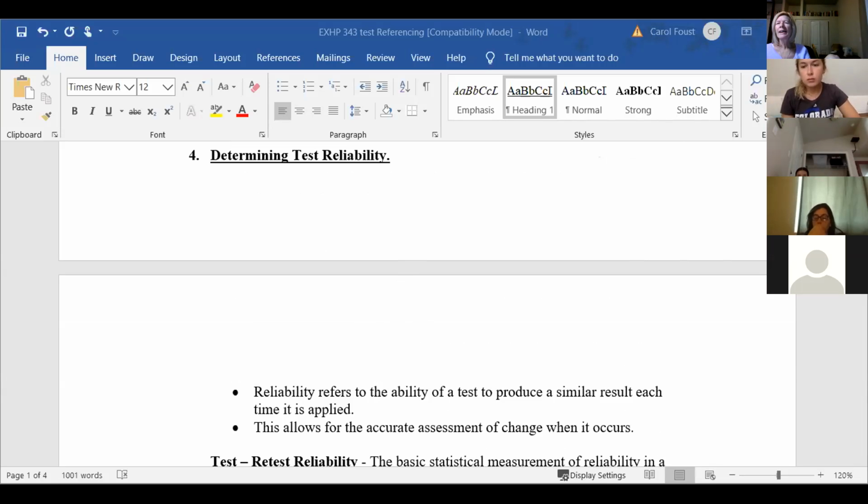So I can look at, say for instance, we've talked about this before, I could do body fat with a very expensive, difficult MRI test that gives us a really very valid measure of body fat, but that's really expensive. I'm not going to be able to do that on a bunch of people.